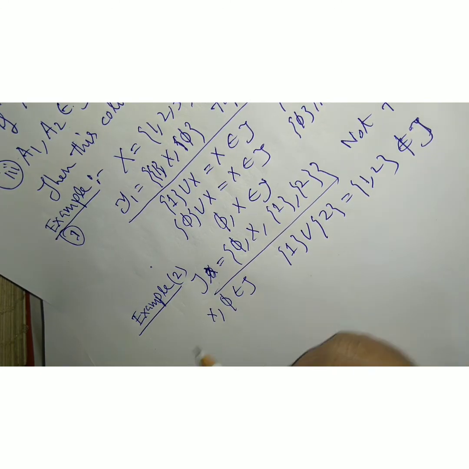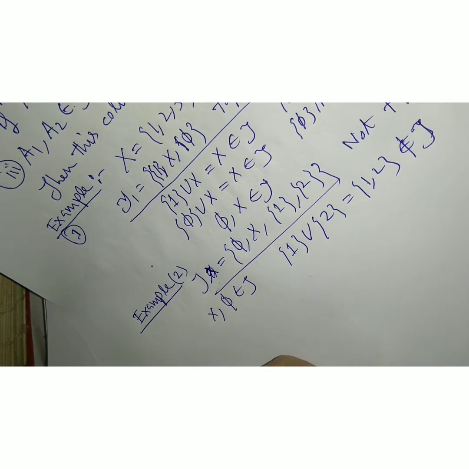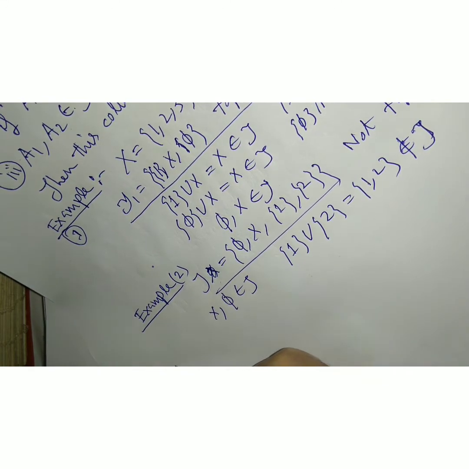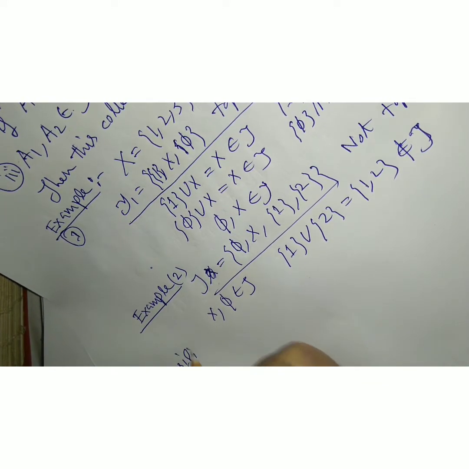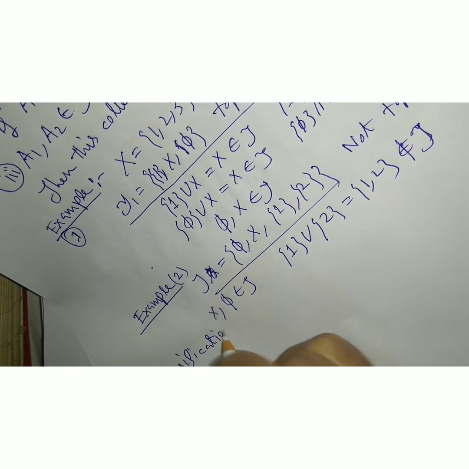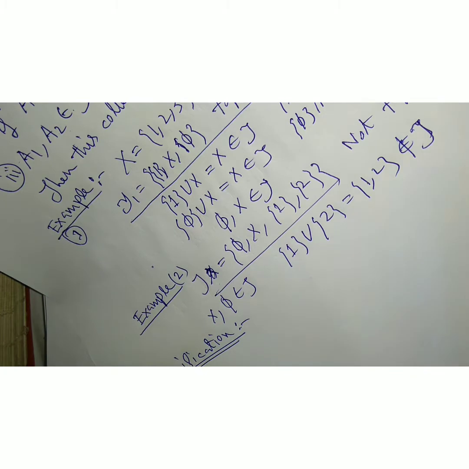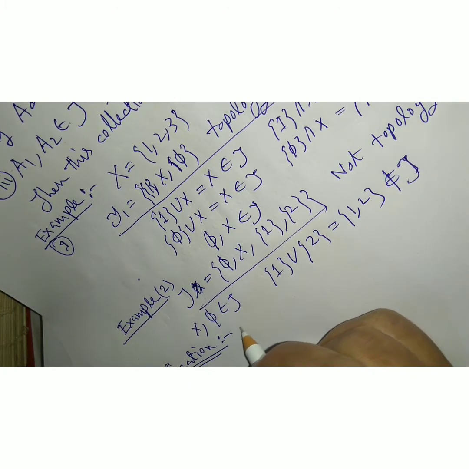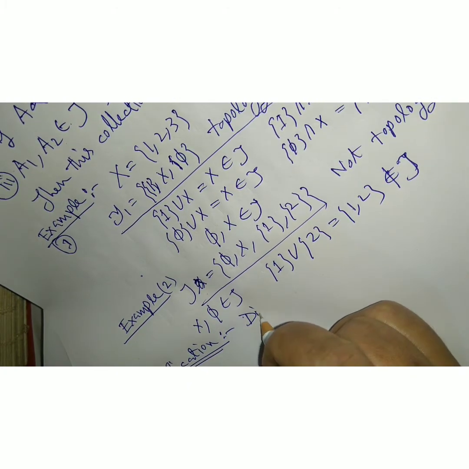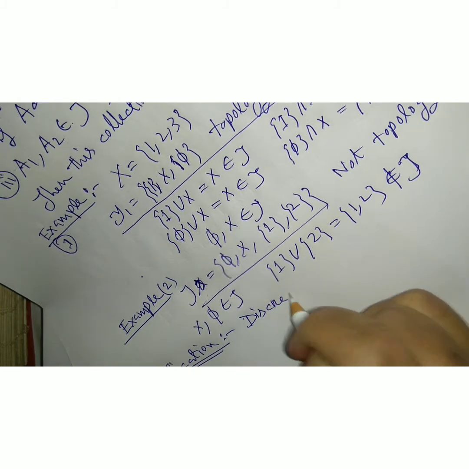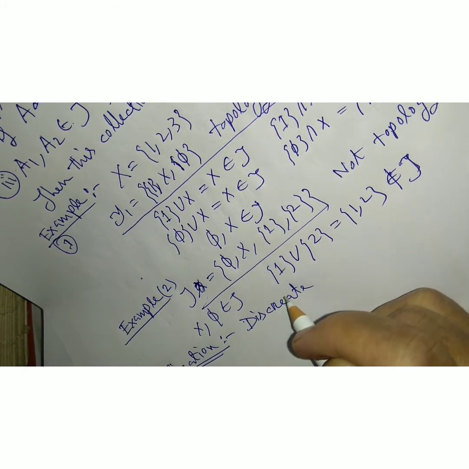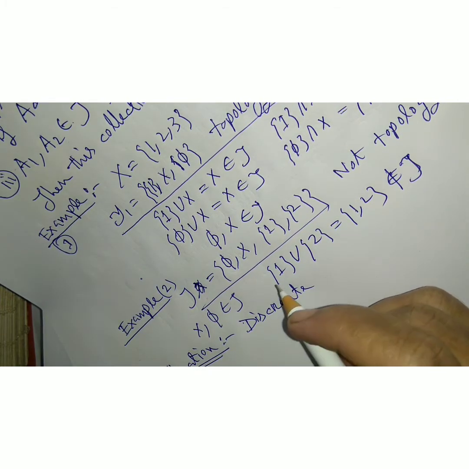Again I will go to another chapter. This is the classification of topology. Okay, now I discuss classification. Number 1, discrete topology.